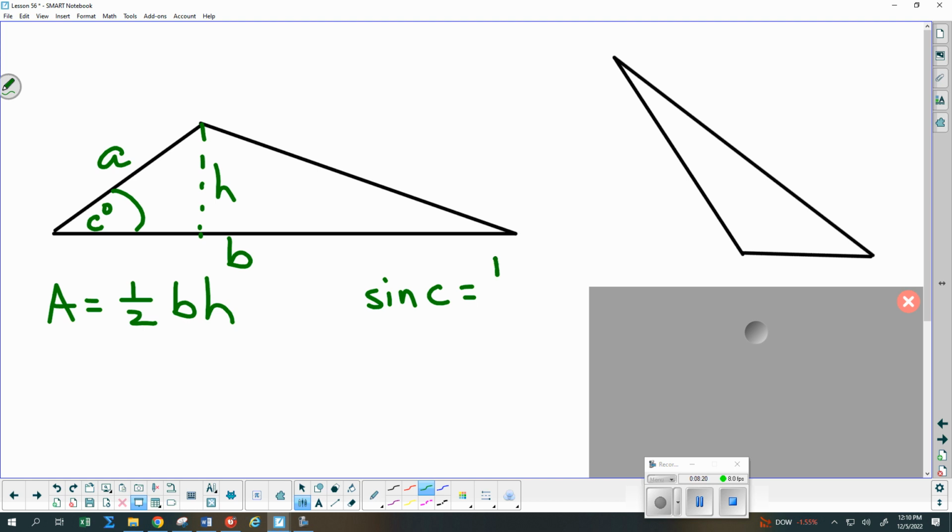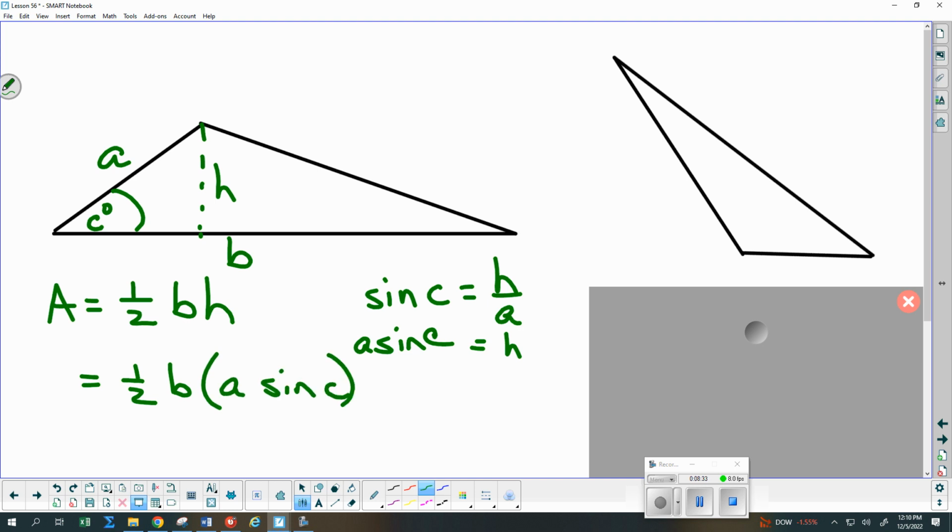H over A, which means that the height would be A times the sine of C. So if I plug that in, I have 1/2 times B times A times the sine of C, and my commutative property would let me switch that order. One side times another side times the sine of the angle in between. So with that acute angle, we just proved what we used on that last example.